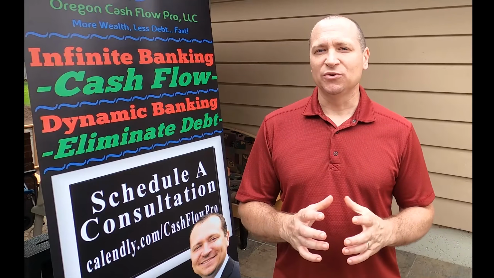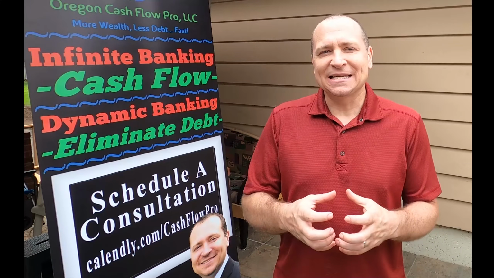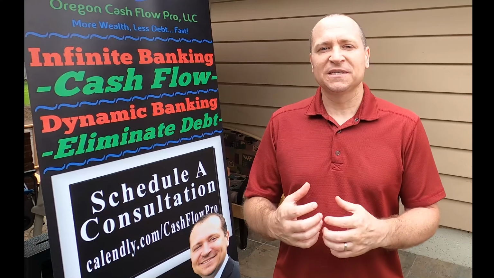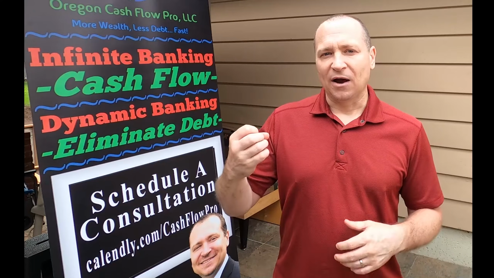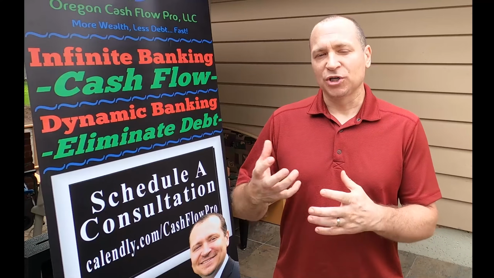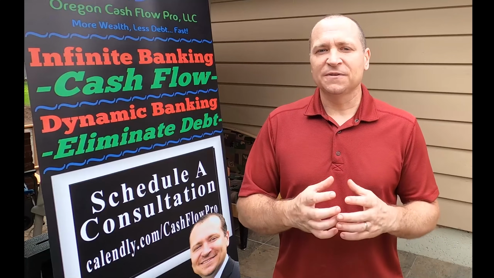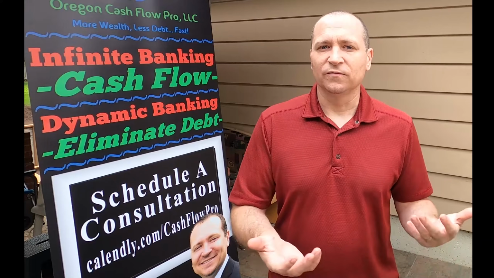One of the ways that we do that is with dynamic banking, also known as velocity banking. What dynamic banking is, at its essence, is what we call offset accounting. It's a way of using our income or what we have in our savings or our checking accounts to offset interest charges that we're paying on a loan somewhere.